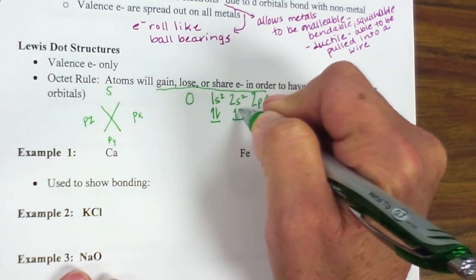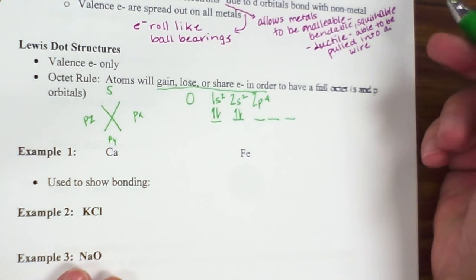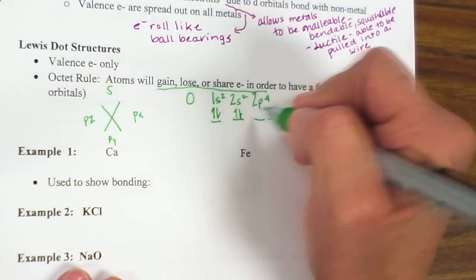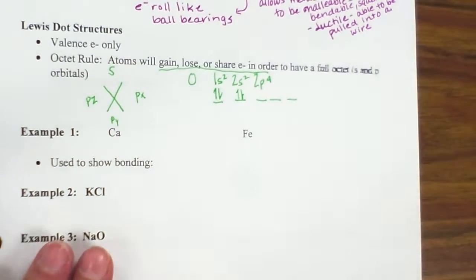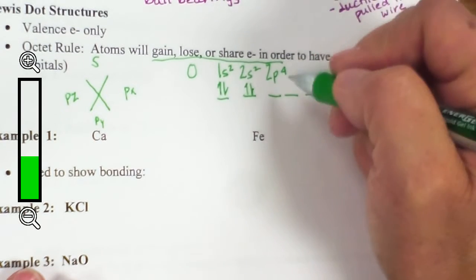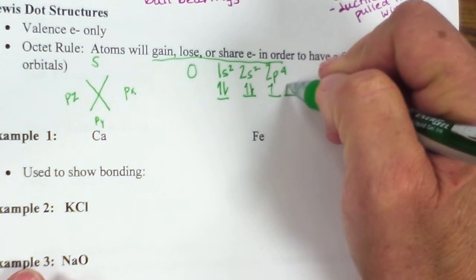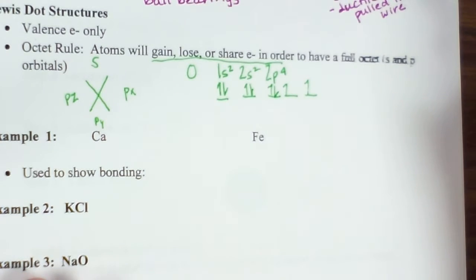And then up, down, and then I have 4 electrons in my p orbitals, my p sublevel, the 3 orbitals in my p sublevel. So I would go 1, 2, 3, 4. Questions on any of that?